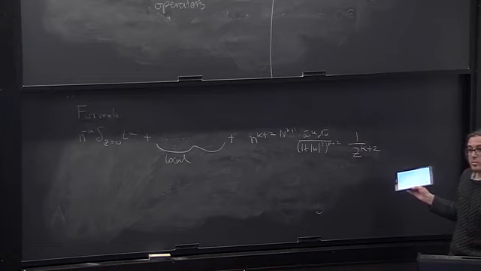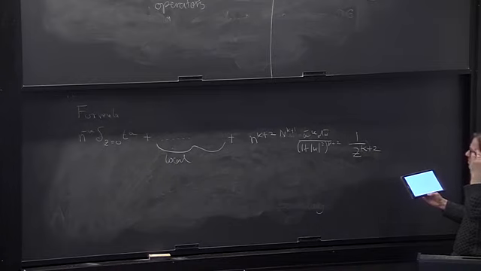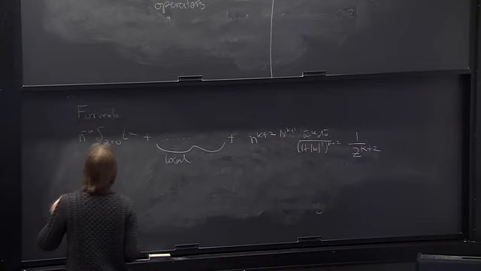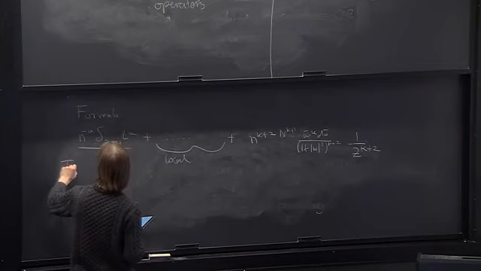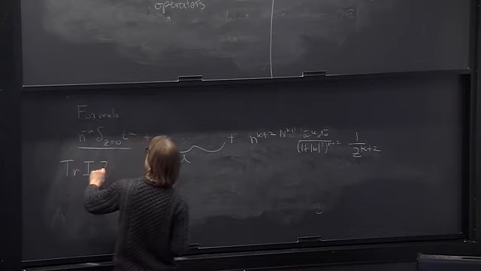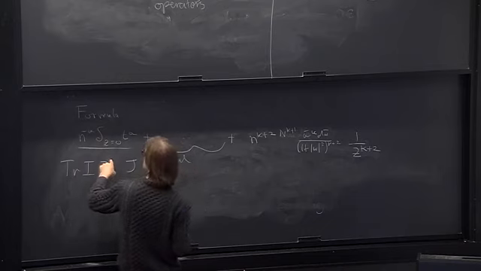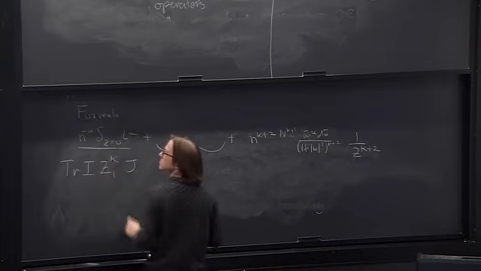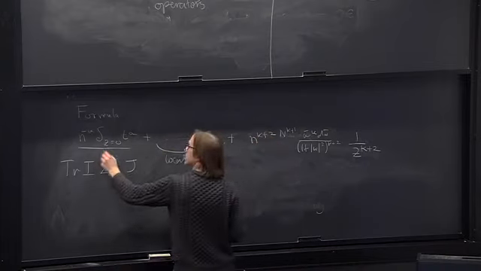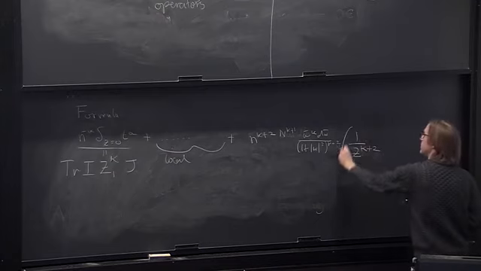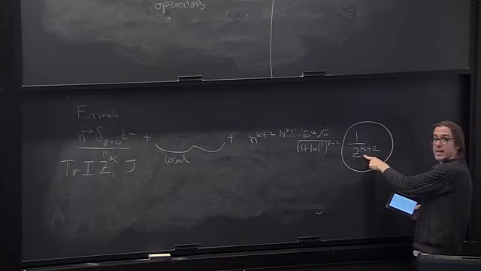Okay. So what you learn from this expression, if you think about the 2-point functions for a little bit, is that this thing here might correspond to trace I, Z to the k, J. So if we look at this expression, we look at the subleading term, and it has a power of 1 over z to the k plus 2.